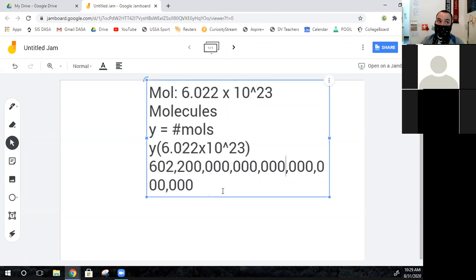So that is a standard unit. Those are all of the standard units of measurement. Are we all familiar with those? We good? Okay, we'll talk about moles a heck of a lot more later, all right?